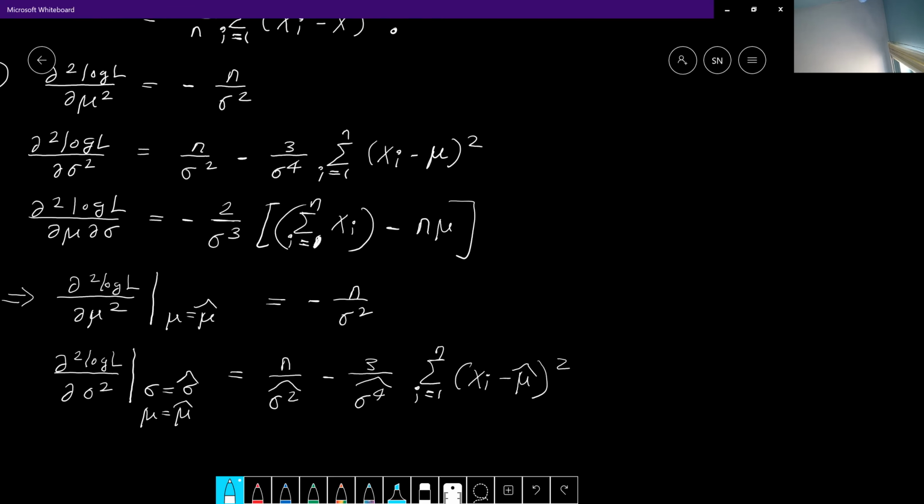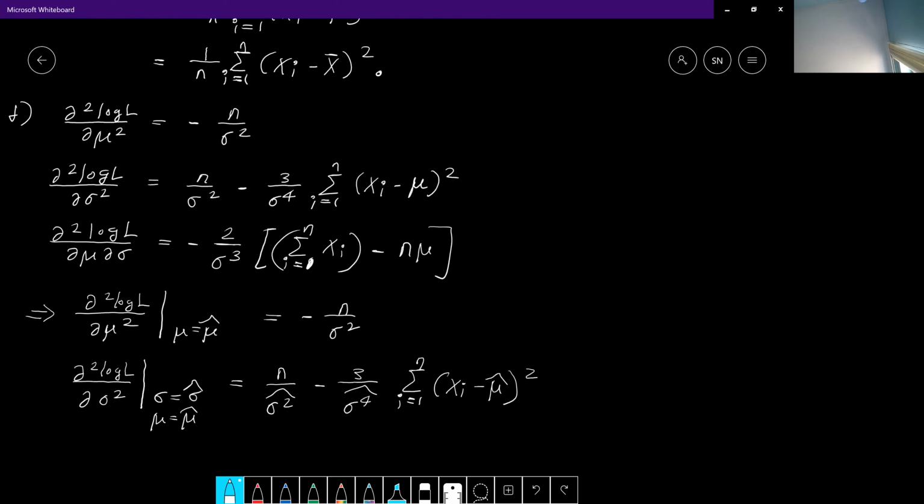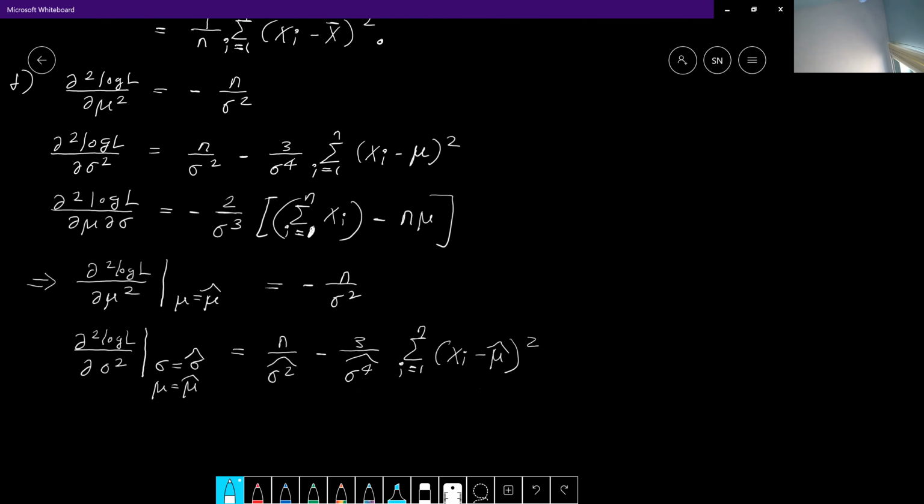We know from part C, so if you substitute for sigma squared hat and sigma to the power 4 hat, before we do the substitution, let me do something.